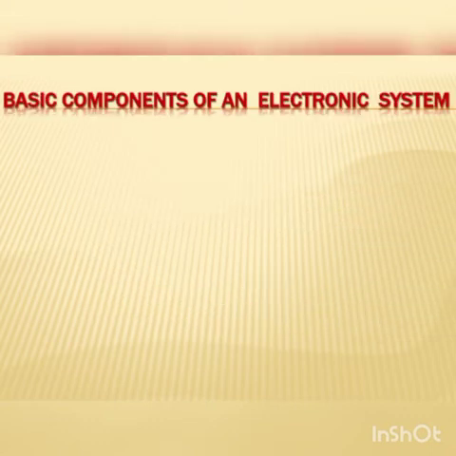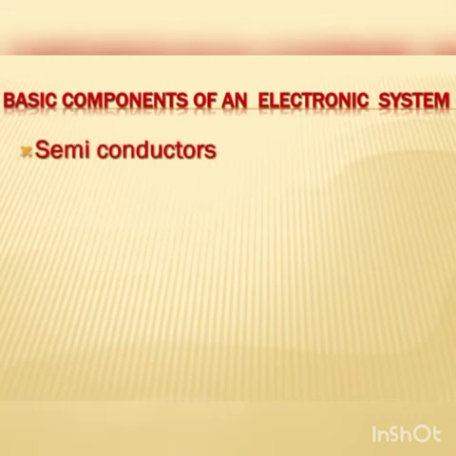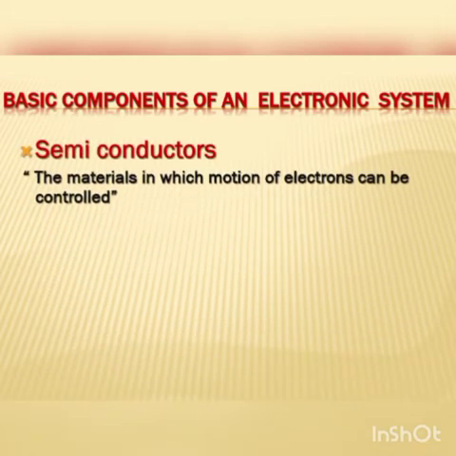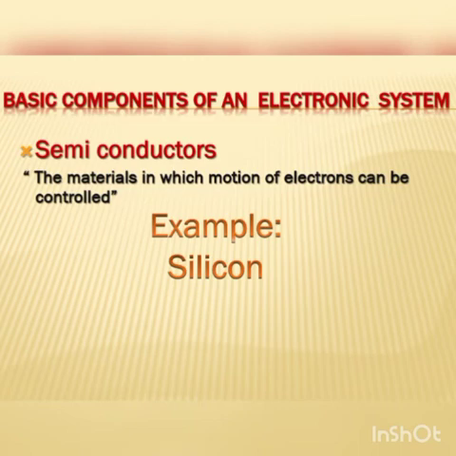Now we have to discuss the basic components of an electronic system. There are many components present in an electronic system. The first one is semiconductors, the materials in which the motion of electrons can be controlled. Here the best example of a semiconductor is silicon.